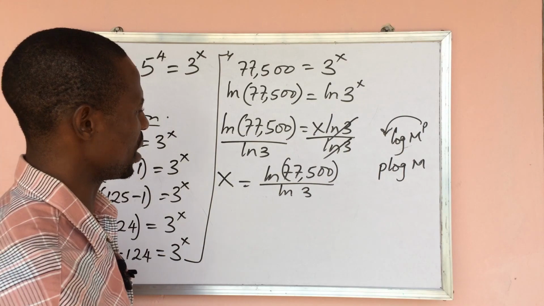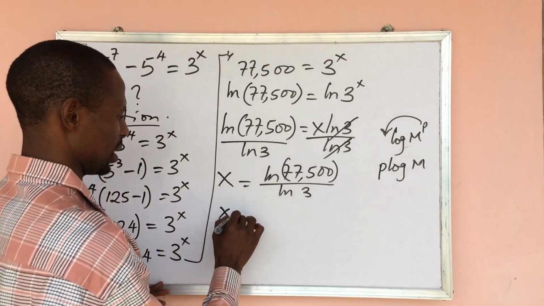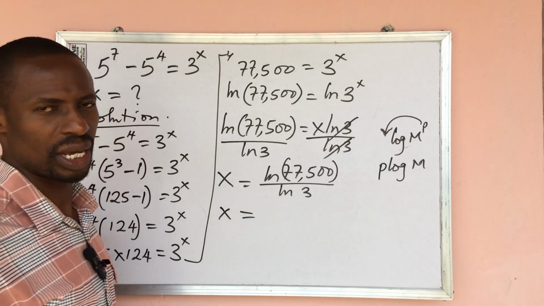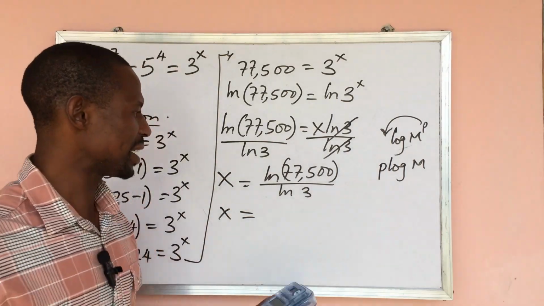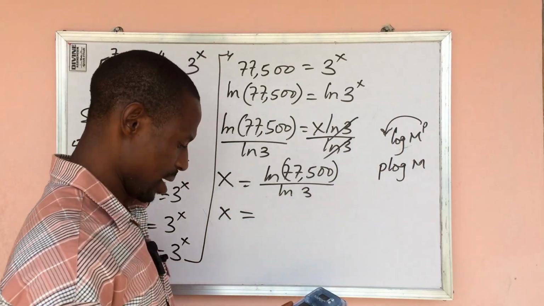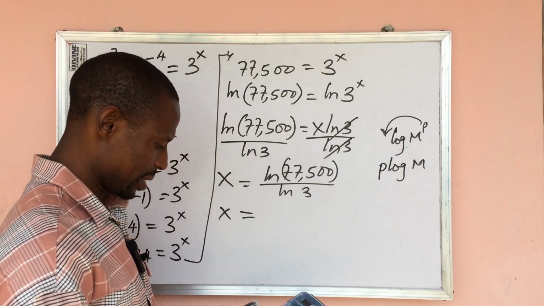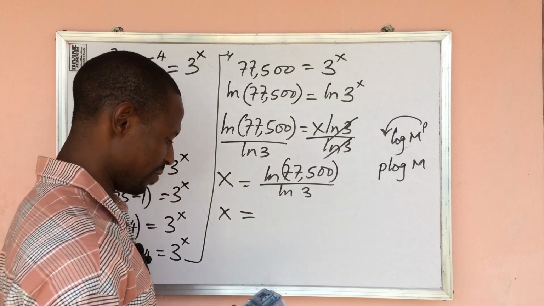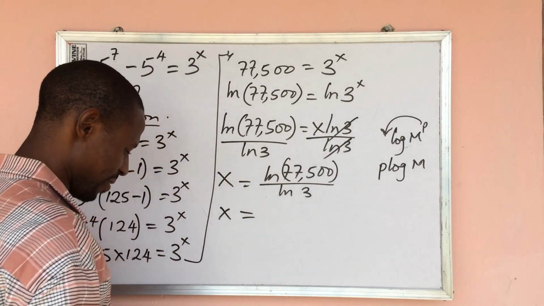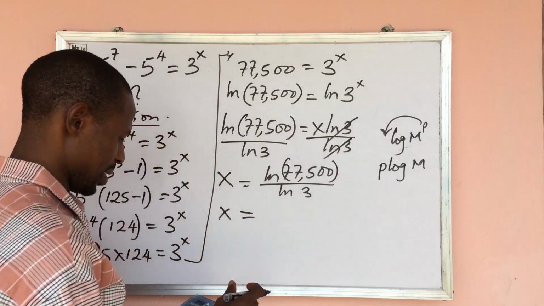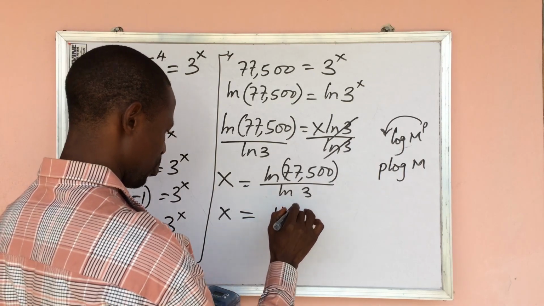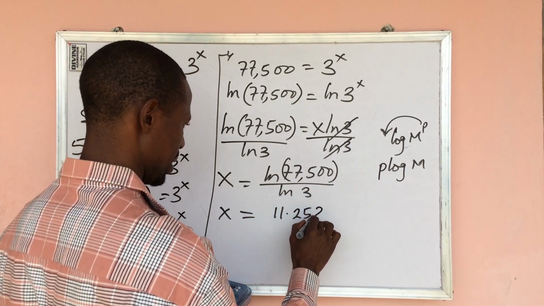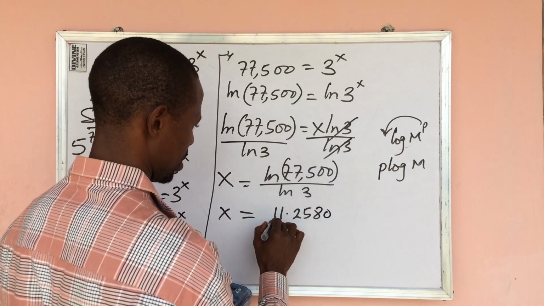We can go ahead and make use of our calculator at this point. If we punch this into our calculator, what is it going to give us? So here's our calculator. Let's punch in ln of 77,500. This gives us 11.2580.